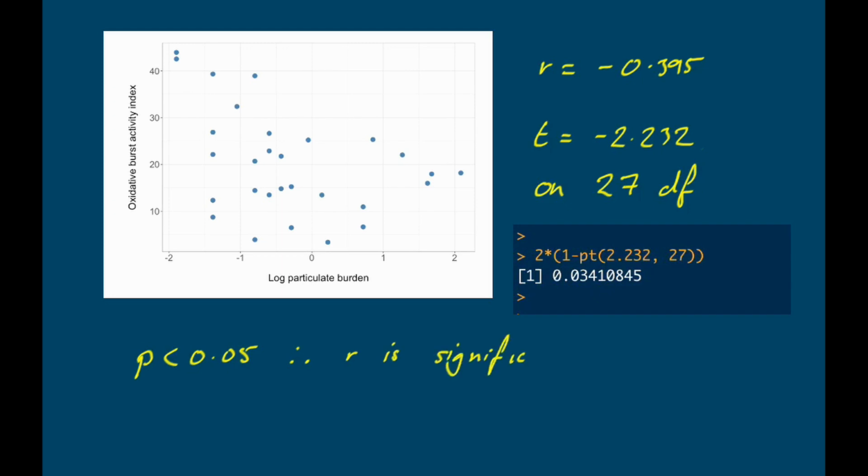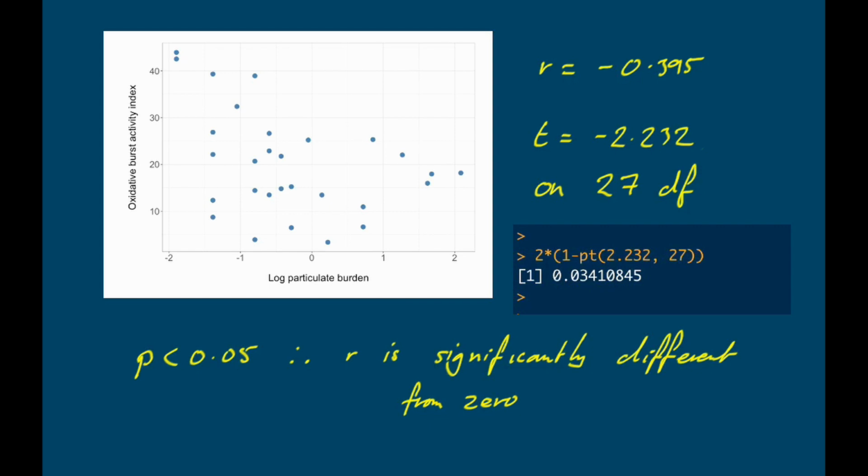So 0.034 is less than 0.05. So there's only a small probability that we would have seen a relationship like this if there were in fact no relationship in the population we're sampling from. And so we would say that our correlation coefficient is significantly different from 0 at the p equals 0.05 level.